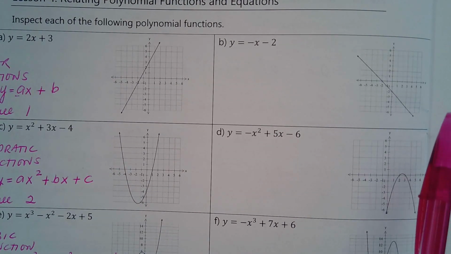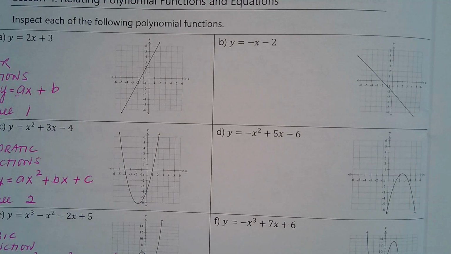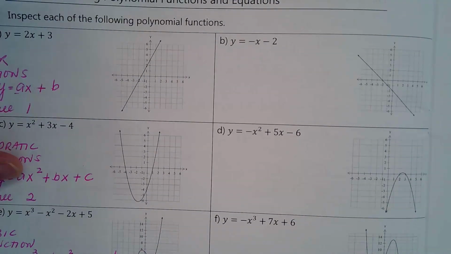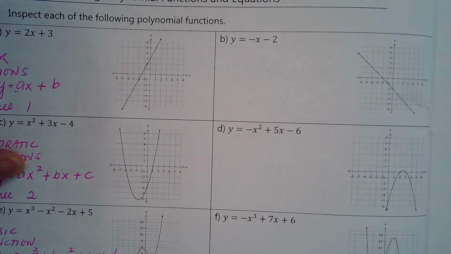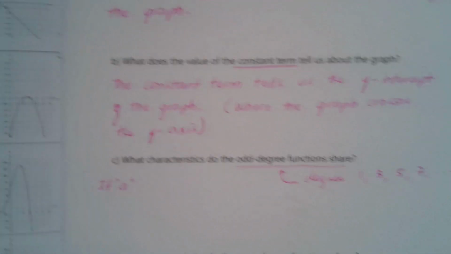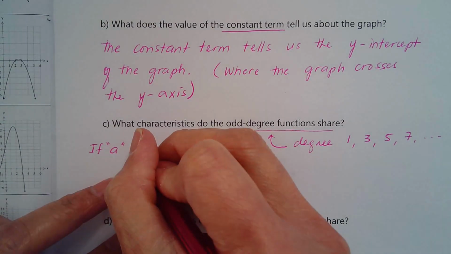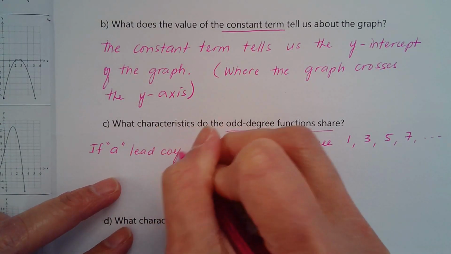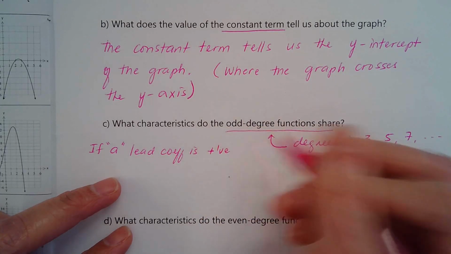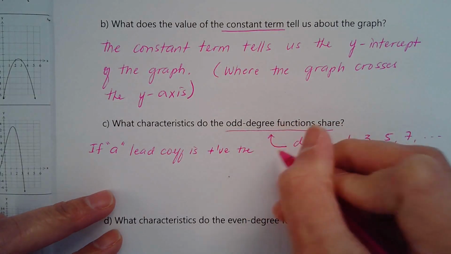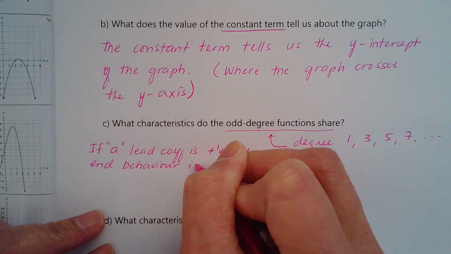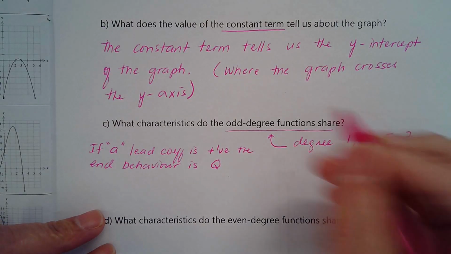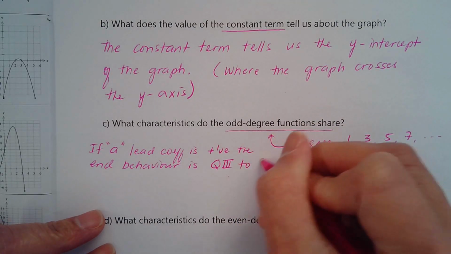Is everybody okay with the word quadrants? Quadrants 1, 2, 3, 4. So for odd degrees, if the lead coefficient is positive, the end behavior is quadrant 3 to quadrant 1.